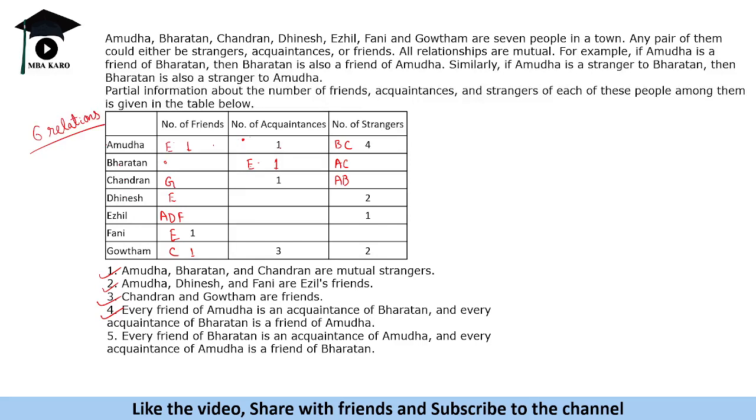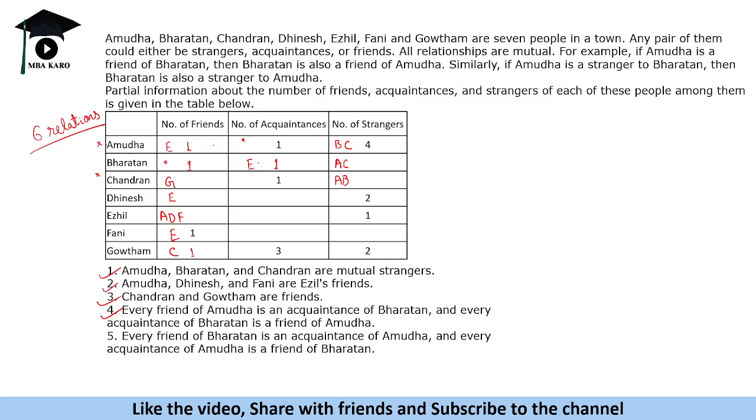There is only one acquaintance of Amudha, so there has to be only one friend of Bharatan, and that has to be the same person. Now let us see if we can find out who that friend is. Bharatan cannot have Amudha as a friend because we know that these are strangers. Chandran is also a stranger to Bharatan, right? Dinesh is Ezil's friend.